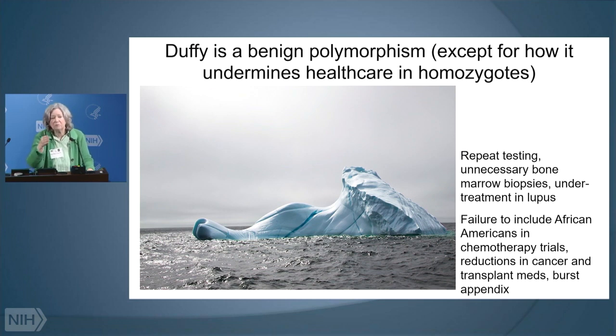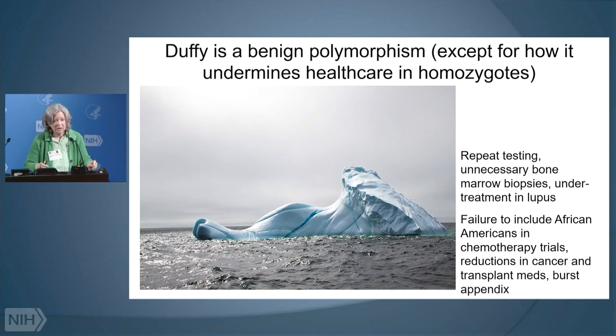They set those thresholds because they don't want to lose people in the course of clinical trials who are already starting to have cytotoxicity from the treatments they've had. But of course, when they're Duffy homozygotes, they're going to be lower. It was an inappropriate threshold for African Americans. While that's being changed now, that's part of the reason why African Americans were so underrepresented in chemotherapy trials for so many years.